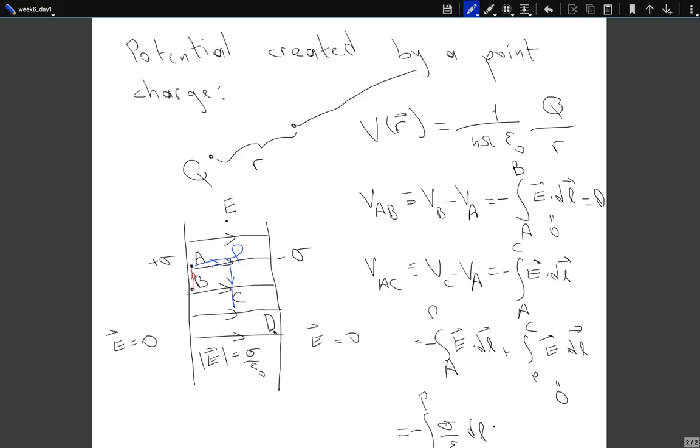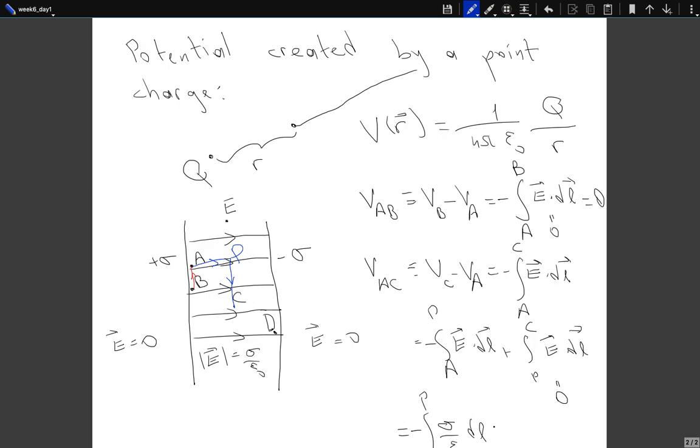If you are moving in the opposite direction of E, the potential is always increasing. So if you are moving in the opposite direction, as you are going from A to C, then the potential will be increasing. That's correct, sorry.